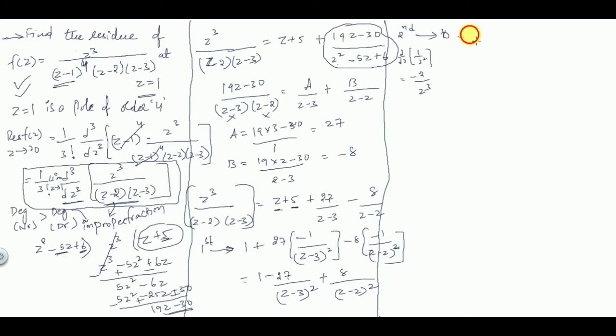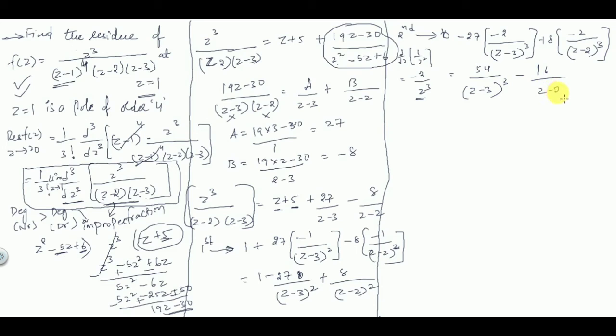Next, minus 27 into d by dz of 1 by z minus 3 whole square, which is of the form 1 by z square, so it will be minus 2 by z minus 3 whole cube, plus 8 into minus 2 by z minus 2 whole cube. Using this formula, it now becomes 54 by z minus 3 whole cube minus 16 by z minus 2 whole cube. Now differentiating again for the third time.